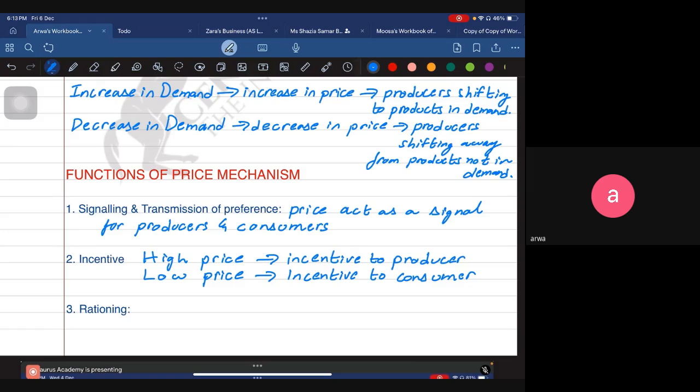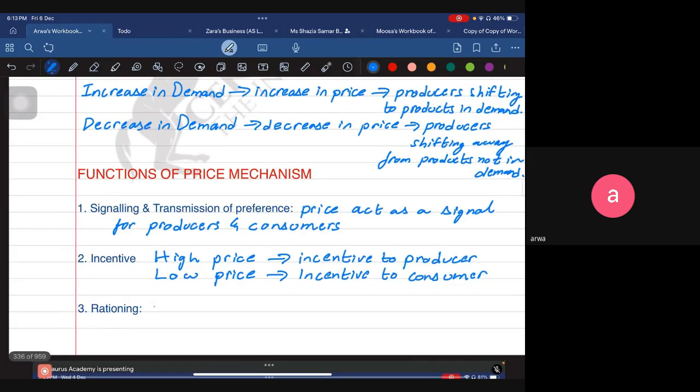Exactly. Sometimes it is also because the resources are scarce to produce the goods, so you can't produce it in abundant supply. That's why the firms increase the price to eliminate the excess demand in the market.